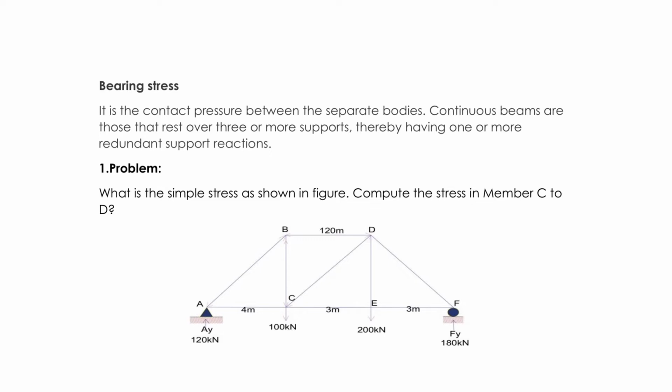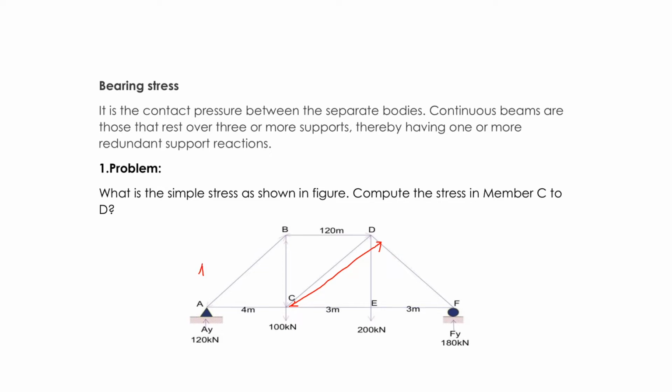And for the first problem, which I just created on my own to complete this problem solving, basically I have to find the member force of CD from A to D. The arrow indicates which direction the load force is acting, upward or downward.